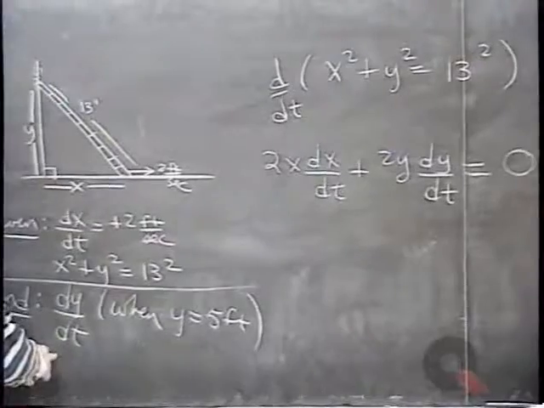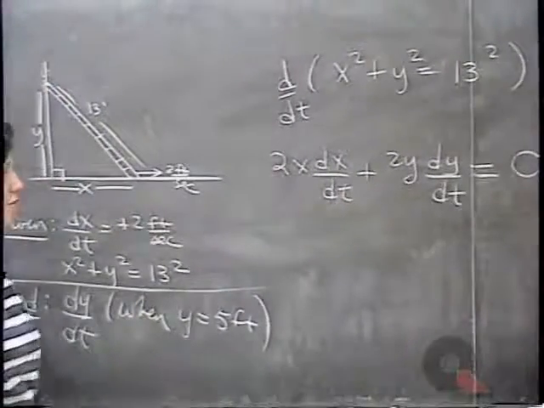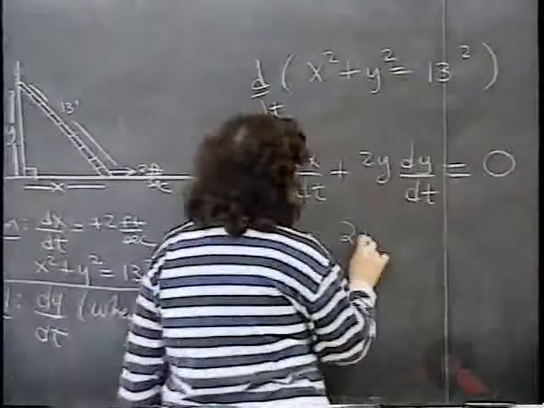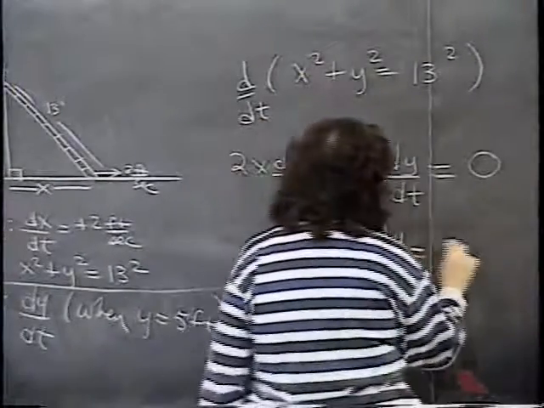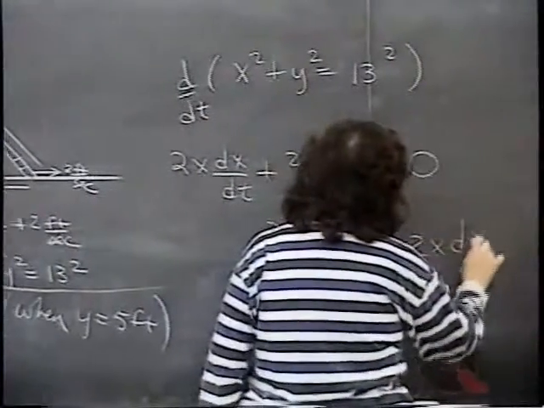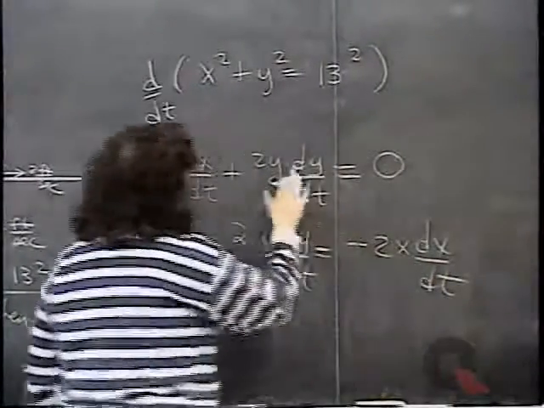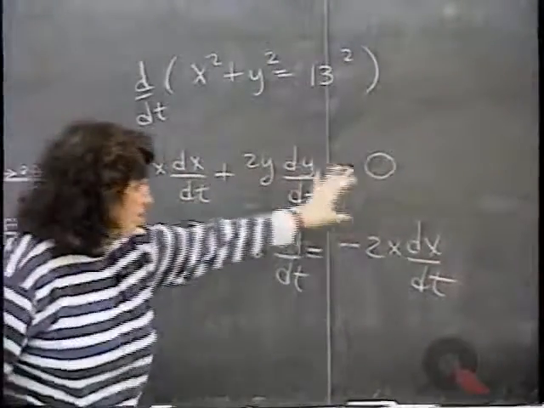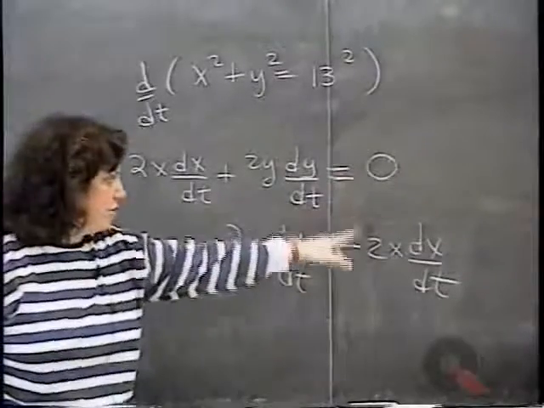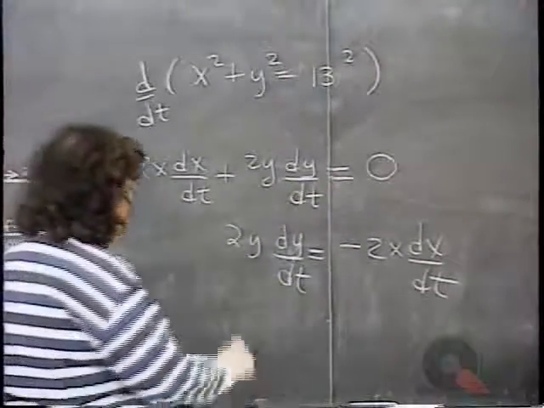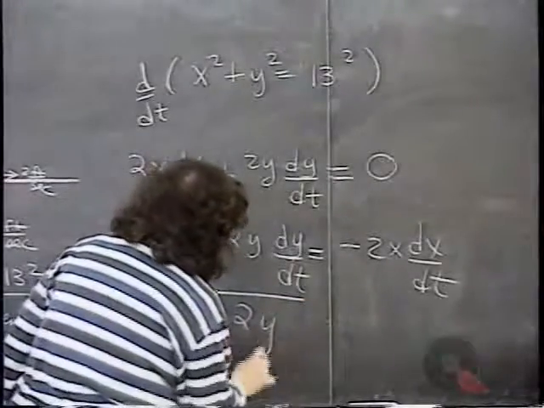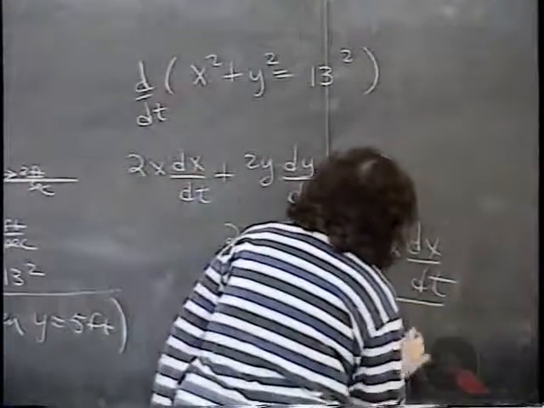We'd like to find dy/dt, so let's solve this equation for dy/dt. 2y dy/dt is equal to negative 2x dx/dt. I subtracted the 2x dx/dt from both sides of the equation, so it's over there now with a minus sign. And we want to solve for dy/dt, so I'm going to divide both sides of this equation by 2y.